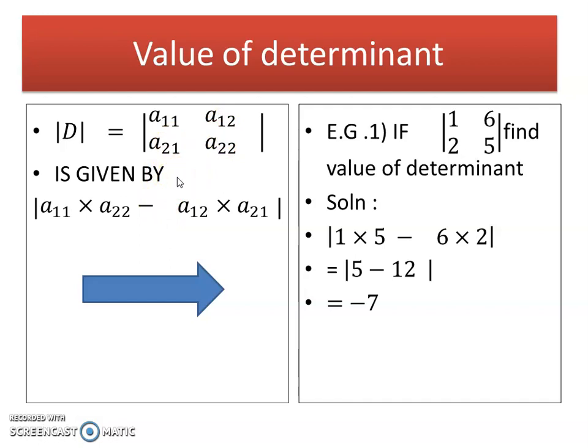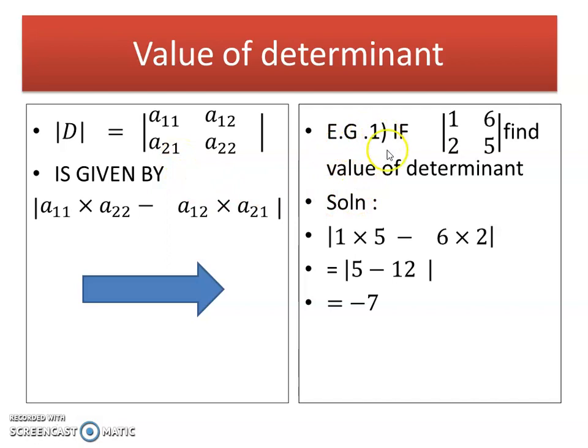In the general format, I define this value again. We have to find the value of any determinant of order 2 by 2 with the elements defined in a fixed way, that is A11 into A22 minus A12 into A21.